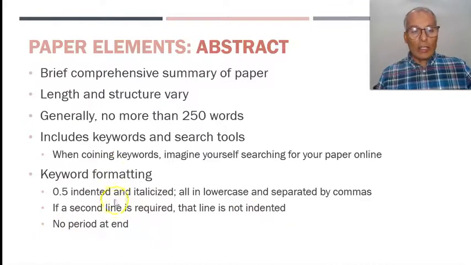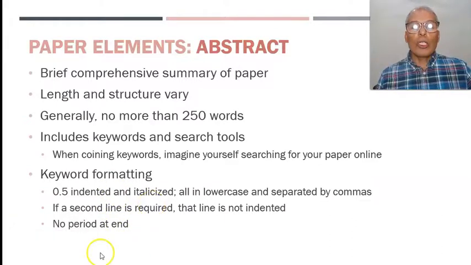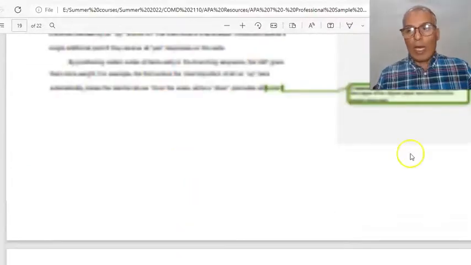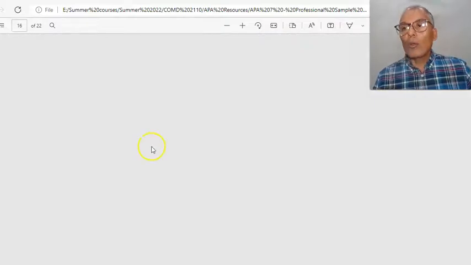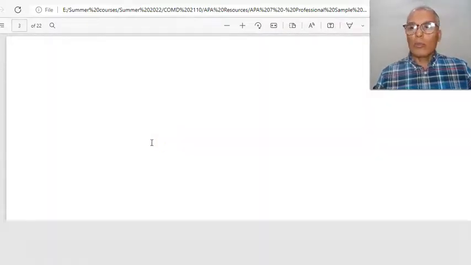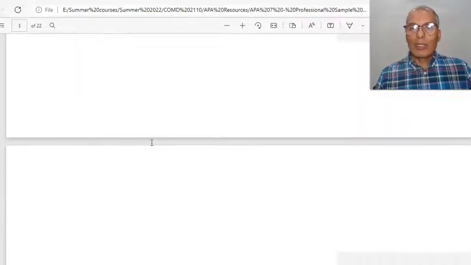So again, you see this in action. Go back to the example I just showed, and you will see that the abstract follows exactly these rules. Where is it? If I can find it. And the computer is a little bit slow.